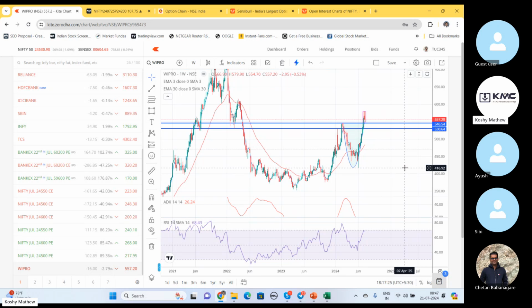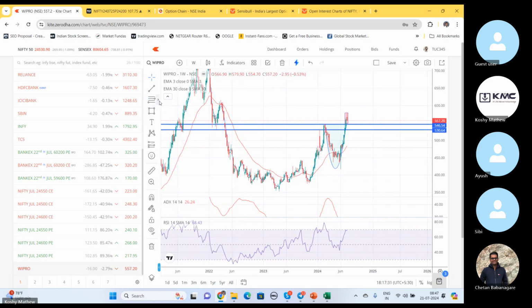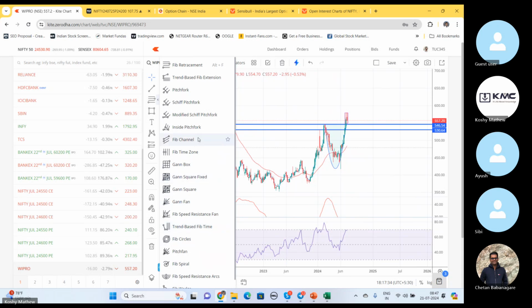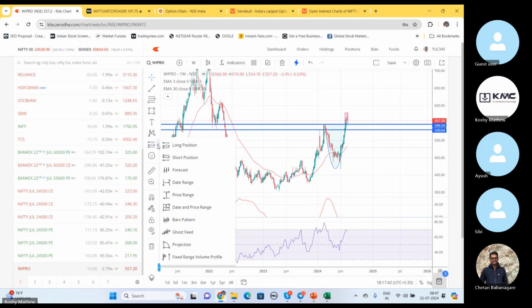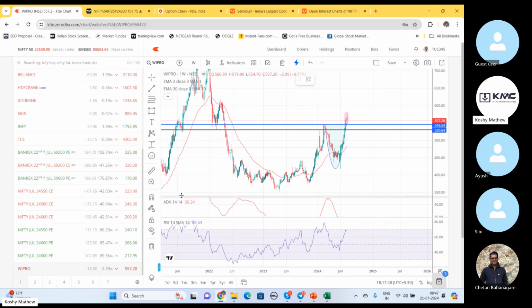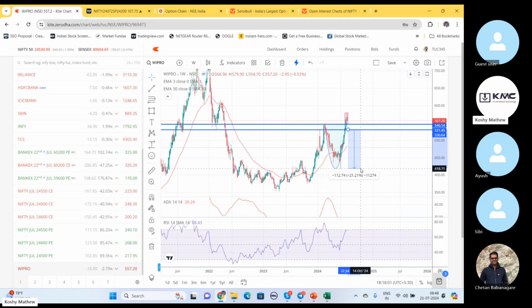How can you see how much it can go up? You can check. There's a tool for that. So you use this price range. Oh, it came down from here, right? Okay, let's use this one. Where it came down till, let's take here.